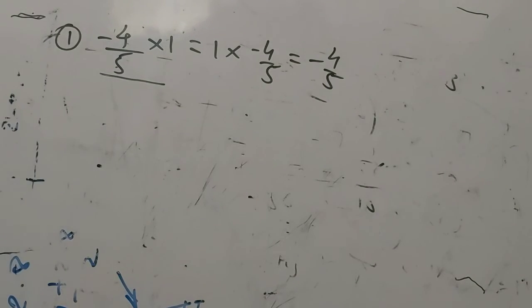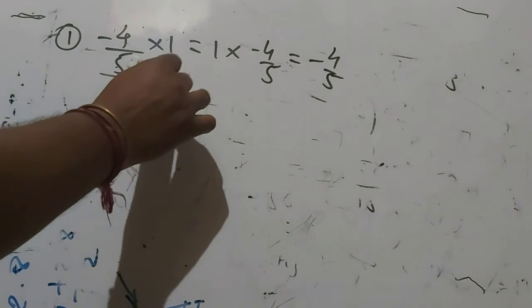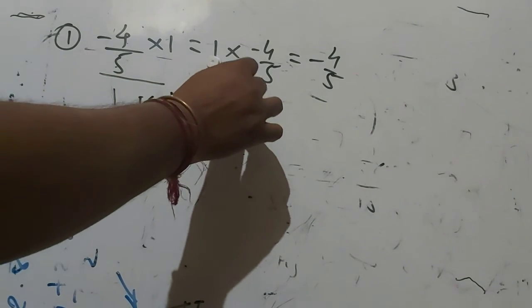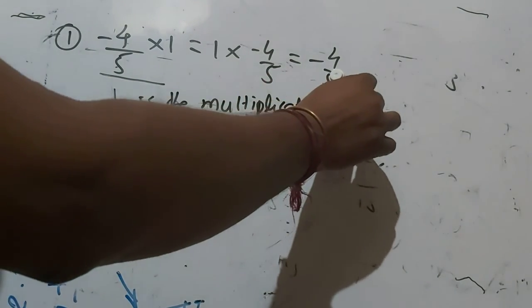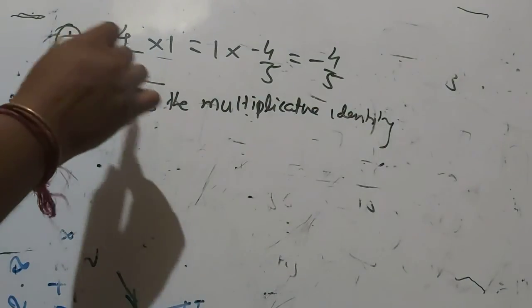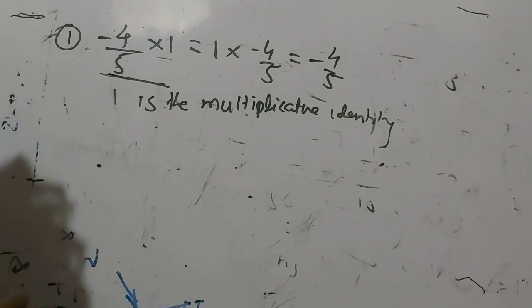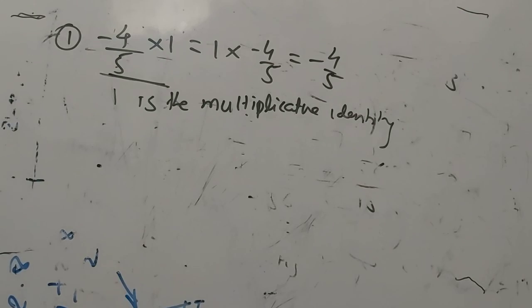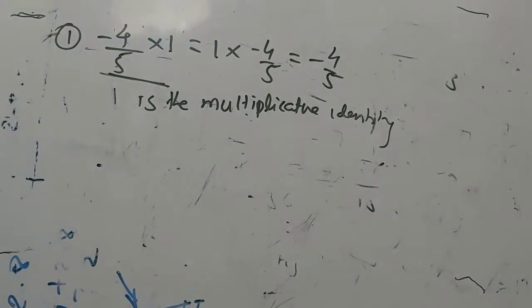So in this any number multiplied by 1 will be the same. So it is 1 is the multiplicative identity, or you can use commutative also, because A into B is equal to B into A. So it is like commutative property also.